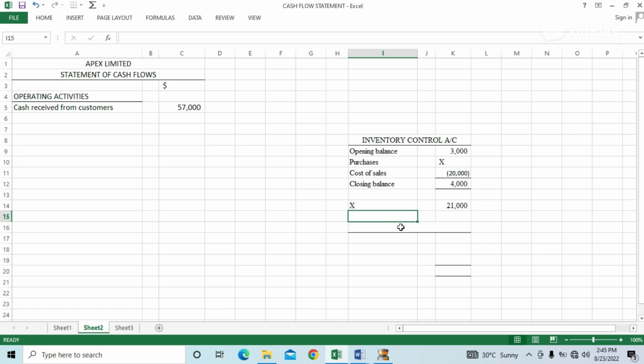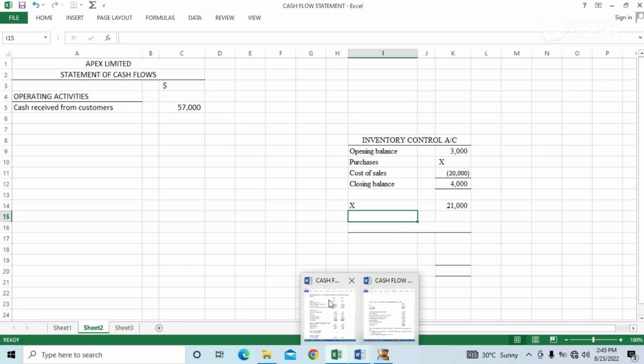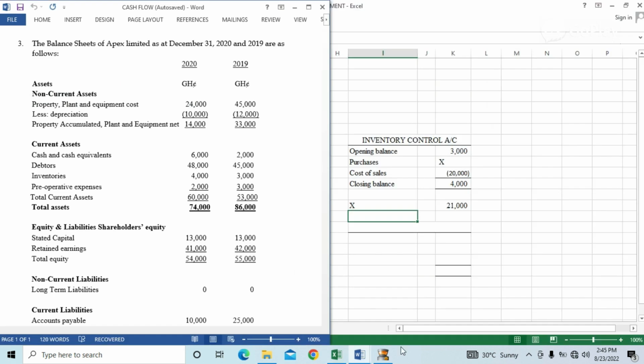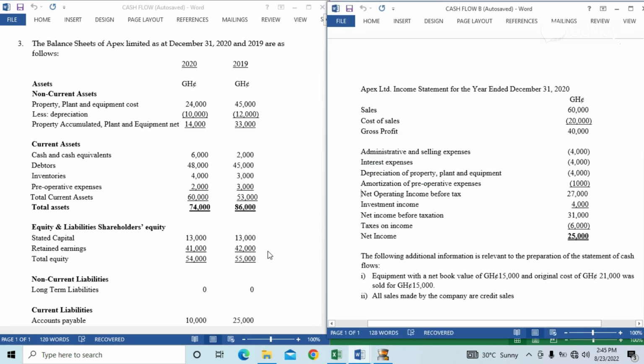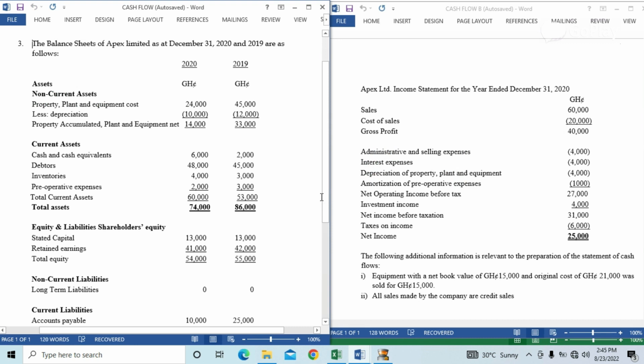Sorry, we will then move to the balance sheet and see where our creditors are. Our creditors can be found under current liabilities.